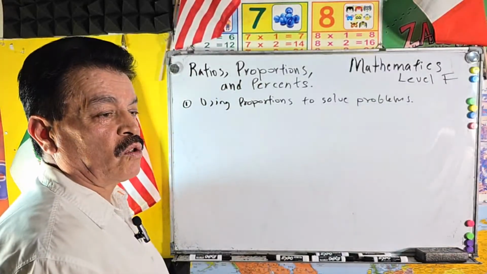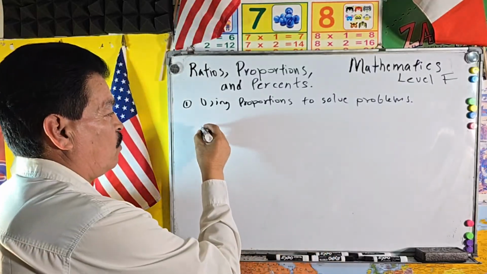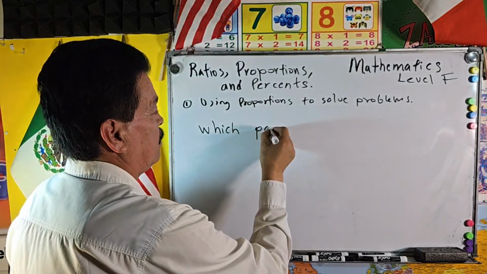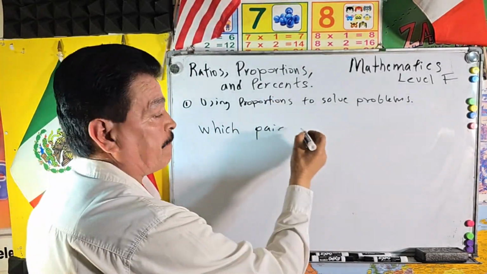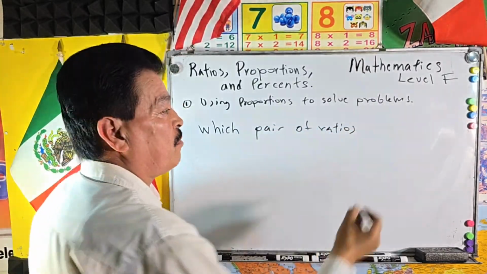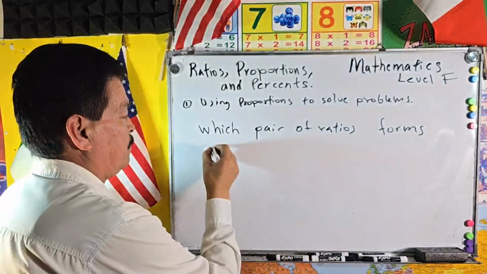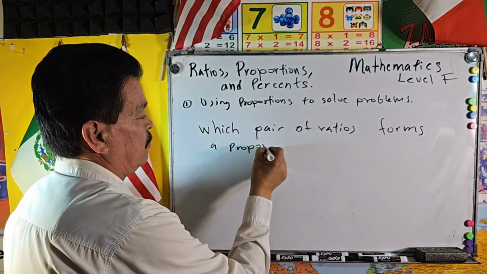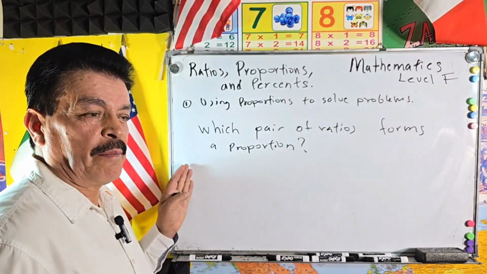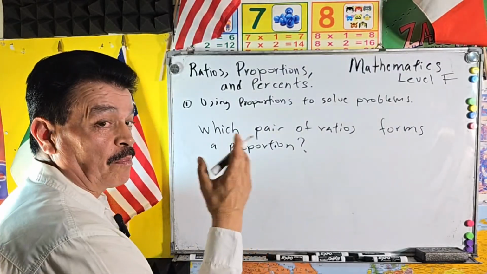Let me show you a question you will see in this section: which pair of ratios forms a proportion? A question like this will come in your test, and then you will see some possible answers.